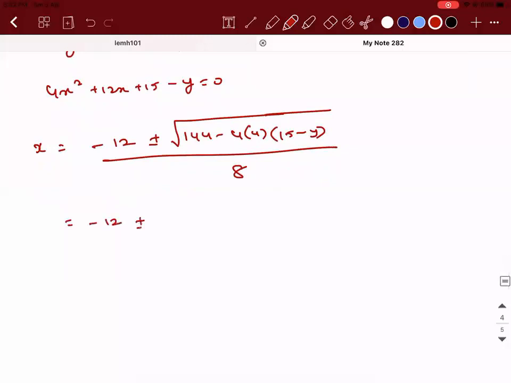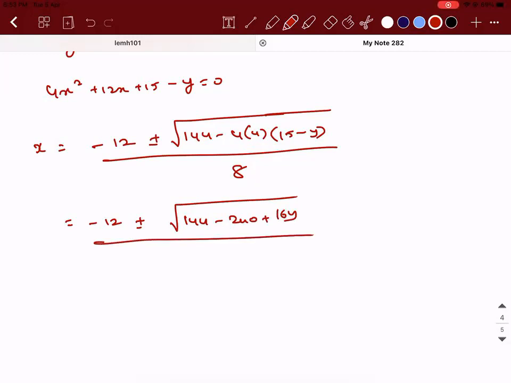So minus 12 plus or minus square root of 144 minus 16 into 15, plus 16y, the whole divided by 8.